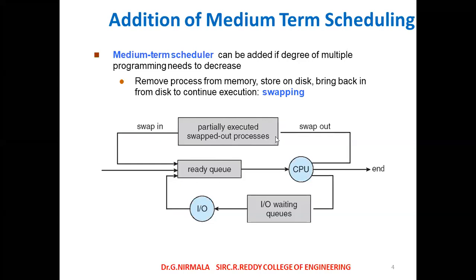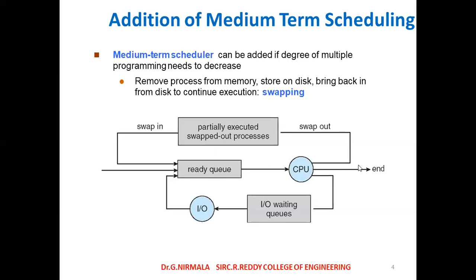This medium-term scheduler will pick up this process, that is the swap out process, and assign it to the CPU. For example, it is completely executed, and again if any IO is required, it is transferred to the IO waiting queue or device queue, you perform IO and place it into the ready queue. Again from this ready queue to the CPU, it will complete the task. This is called the medium-term scheduler.